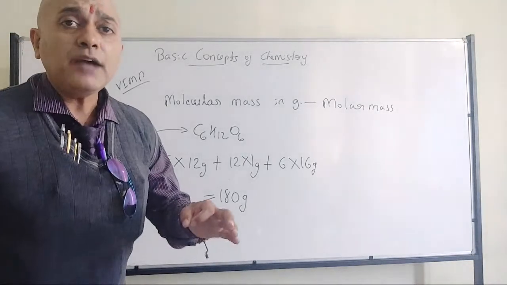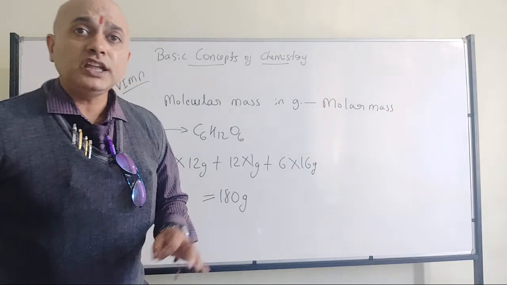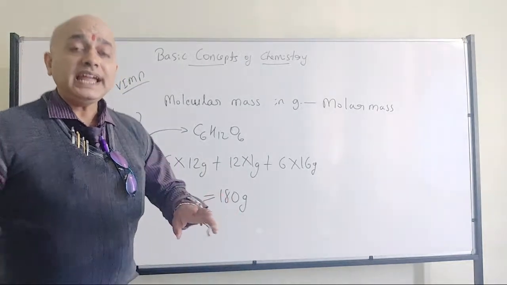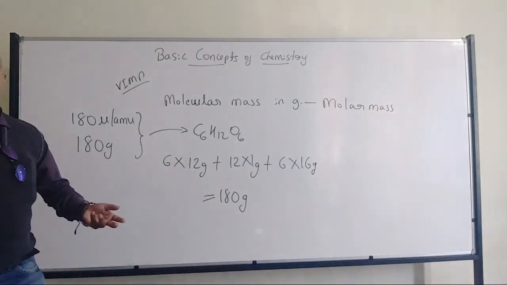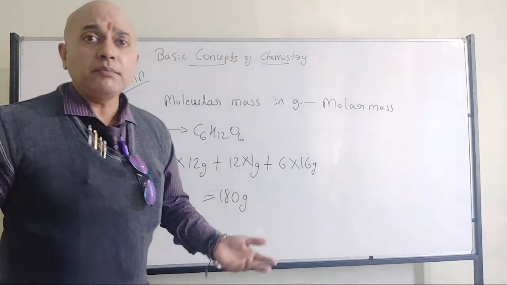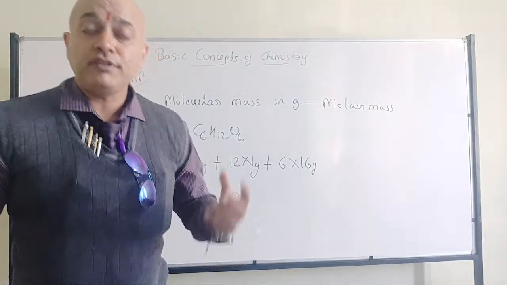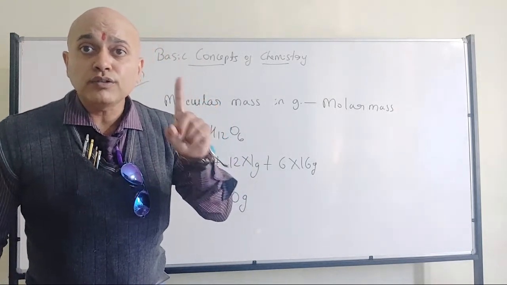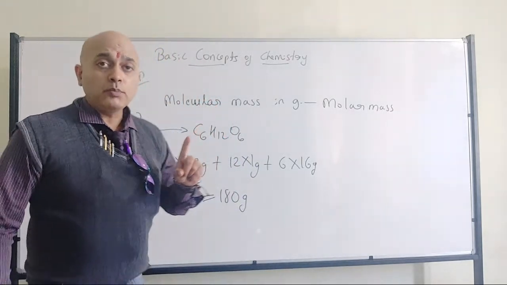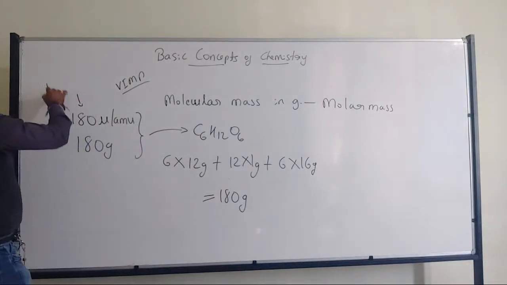So whenever I am mentioning, listen to me carefully. Whenever I mention glucose as 180 u, 180 atomic mass unit or 180 unified mass, observe it carefully, I am talking about one molecule of glucose.